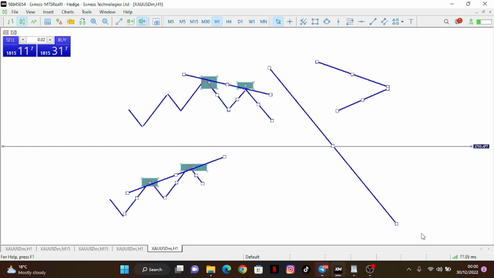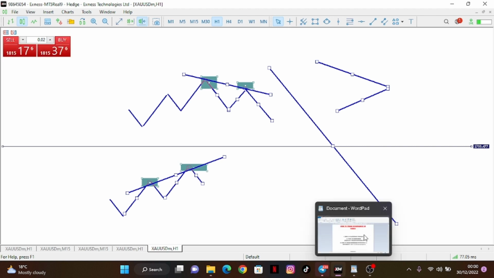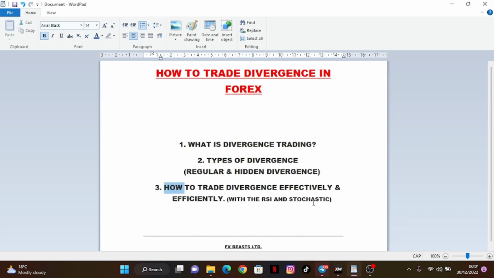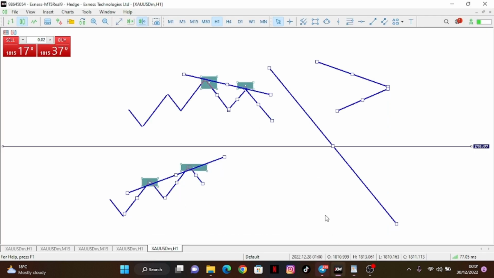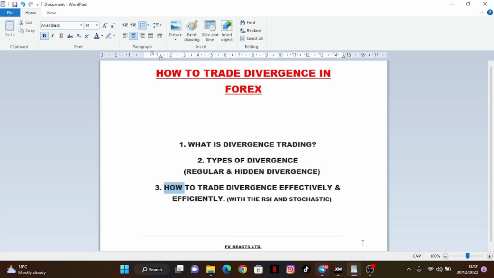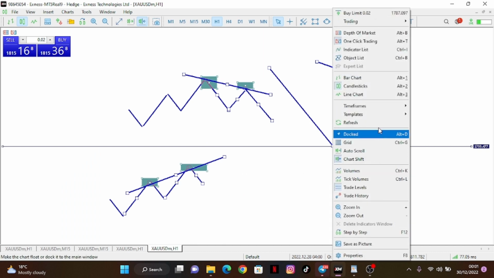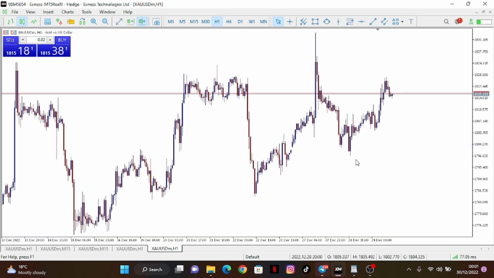Okay, so now let's head into how to trade divergence, how to trade them using the stochastic. We've known how to spot divergence using the RSI and price. Now let's try to spot that and use the stochastic as well.